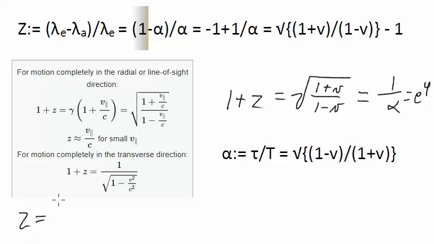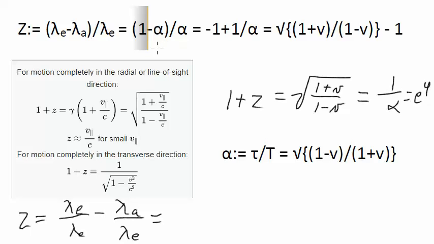Z equals, let me write that, lambda e over lambda e minus lambda a over lambda e equals 1 minus alpha. That'd be alpha over alpha.